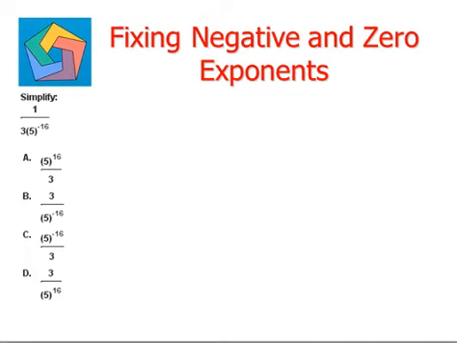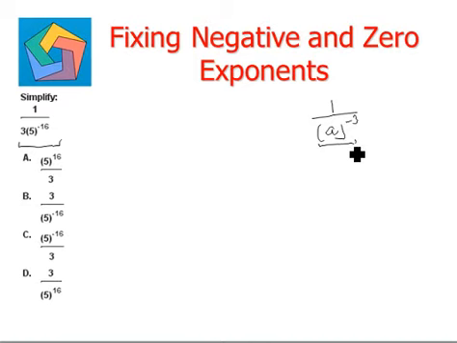The first question says simplify, and we're given the expression 1 divided by 3 times 5 to the power of negative 16. Before we go on to simplify the question, let's understand one rule about negative exponents. If I have, for example, any quantity, say a to the power of negative 3 in the denominator, this negative exponent can be fixed by simply moving this particular term to the numerator.